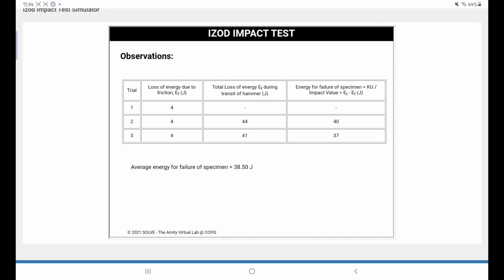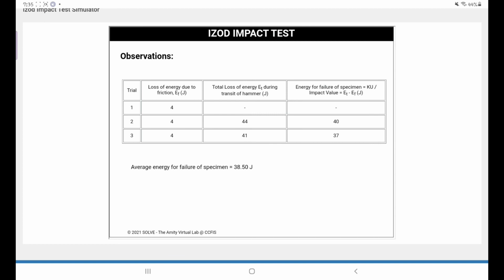The observation, trial 1, 2 and 3. Loss of energy due to friction, EF, joule. Trial 1 is 4, trial 2 is 4, trial 3 is 4. Total loss of energy, ET, during transit of hammer, joule.